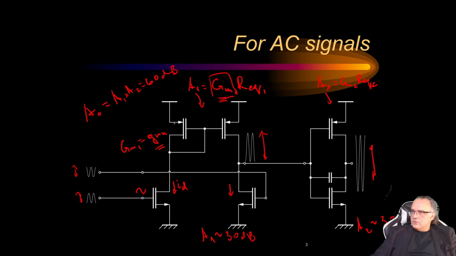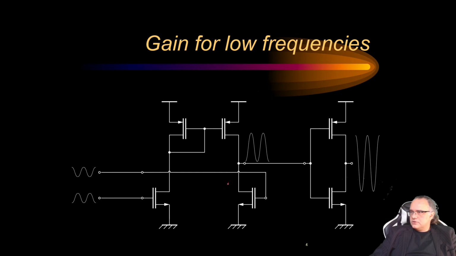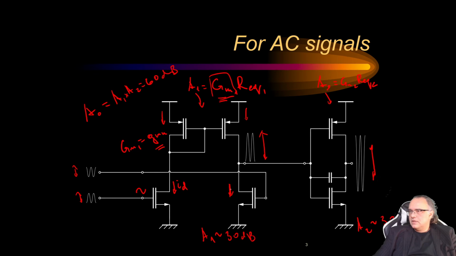Now this current is modulated and it's passed here in these transistors. So if the structure is excited with differential signals, then here this modulated signal and this modulated signal will be in opposite direction. So the excess current will be transformed to a voltage fluctuation by the equivalent resistance.